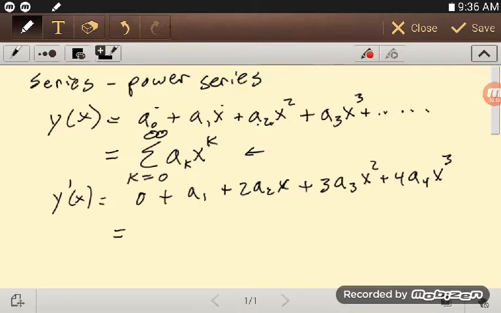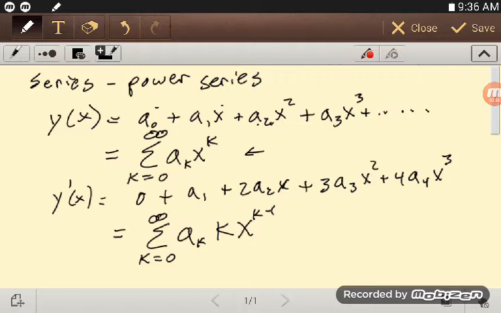Now, if I just use my summation notation here, it's the same idea. I'm just bringing the k down and leaving the exponent k minus 1, so I could write that as k equals 0 to infinity of ak times, and now I'll put the k here instead of in front. So ak times k x to the k minus 1.